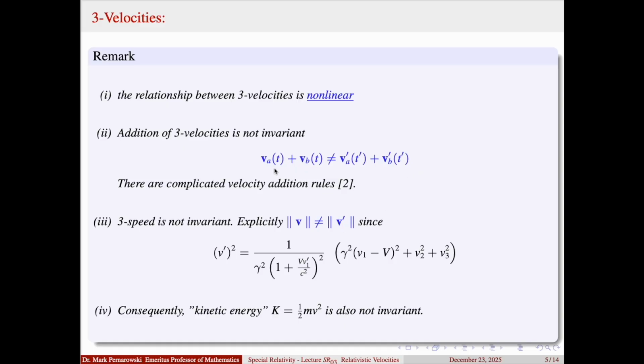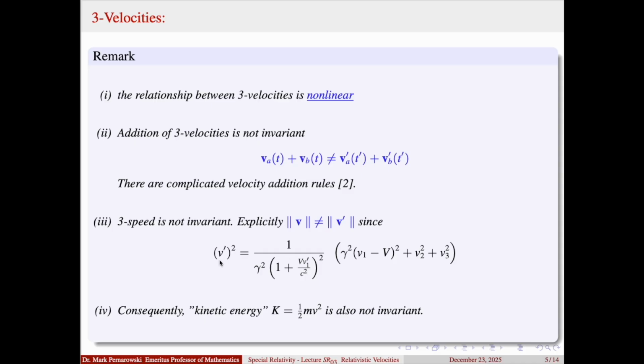Also, if you try to compute the magnitude, the three-speed, you'd find that the magnitude in the k frame is not the same as in the k prime frame. So speeds change; they're not the same in each frame.